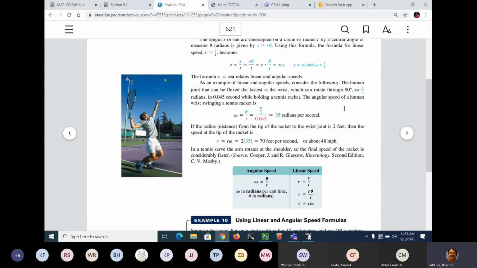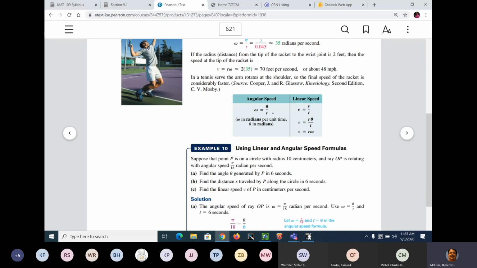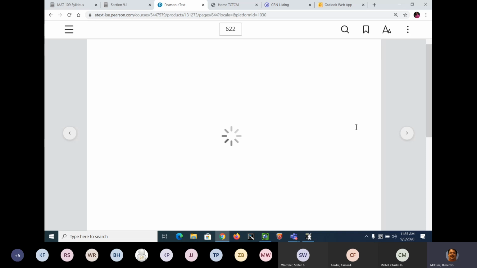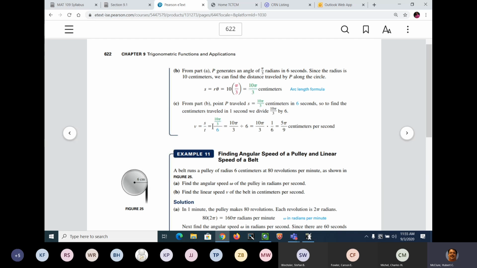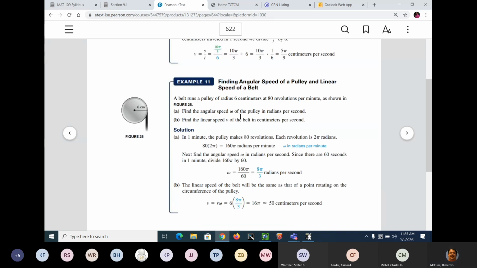Now let's go back over to it. You can see how they're doing it right here, but I want to get to that problem. Find the angular speed W of the pulley in radians per second. Find the linear speed. Well, the angular speed is how much a point moves on the edge at a certain angle.